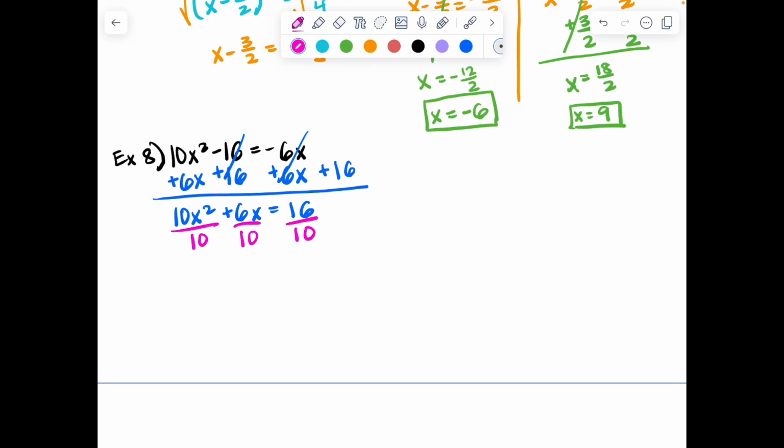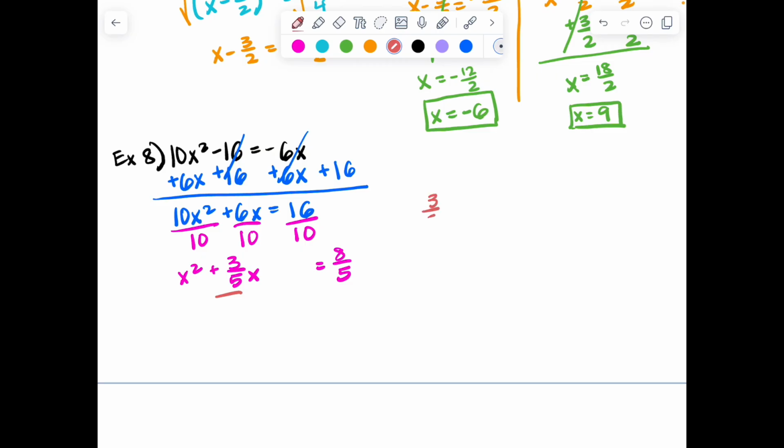So this is where we're going to end up with some fractions here. x squared plus 6 divided by 10 simplifies to 3 over 5 x, leave a space. 16 divided by 10. If your calculator is giving you a decimal, I highly recommend converting it to a fraction. We need to keep things in fraction form for now. 8 over 5.